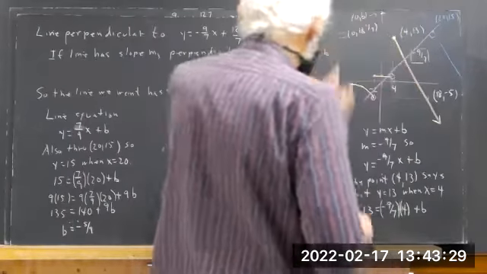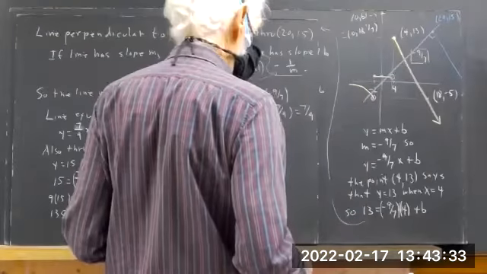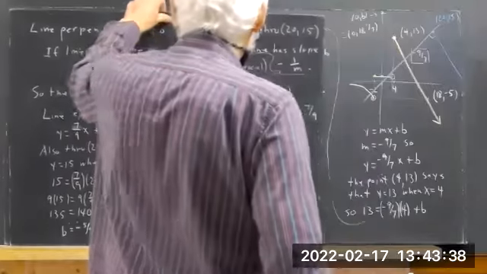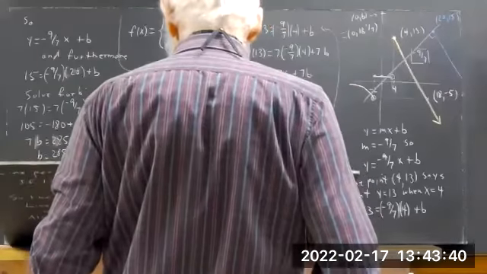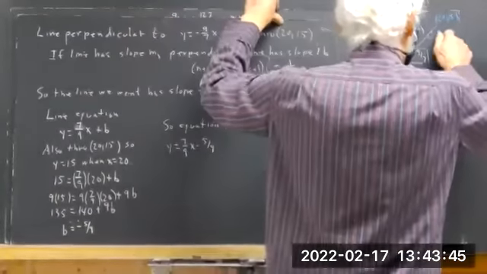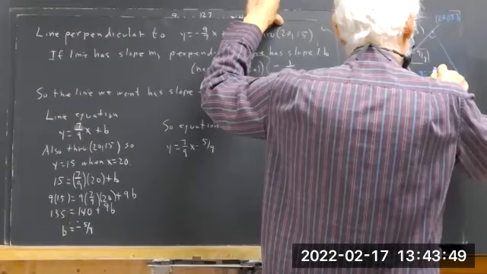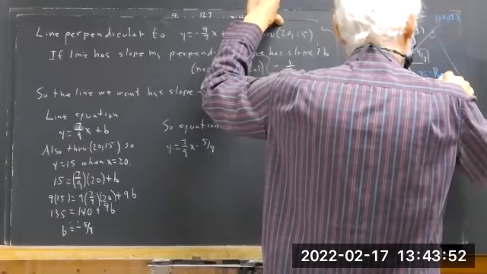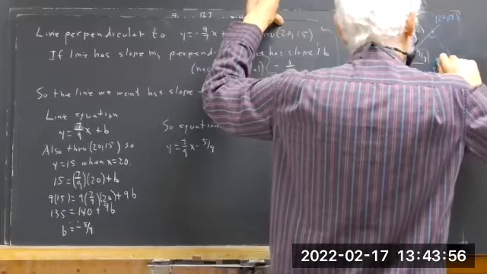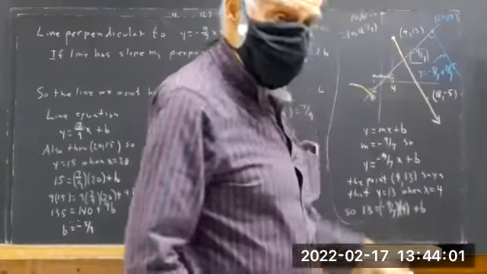So this graph is this line, which is parallel to this line.